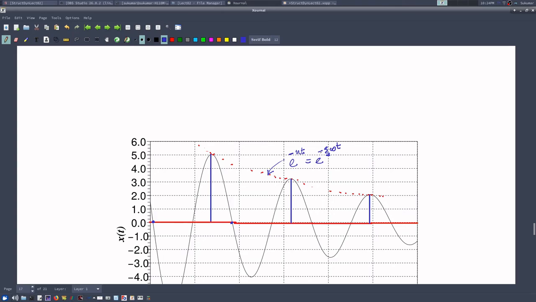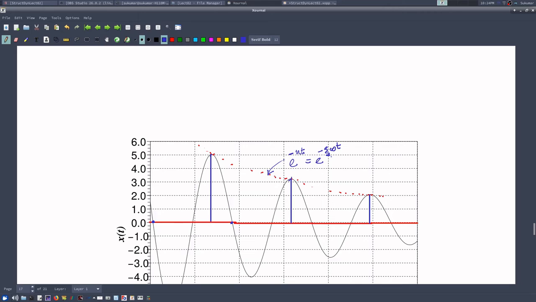So it is related to the damping ratio xi, and therefore this decrease in amplitude in two consecutive cycles of motion can be related to my damping ratio very easily.